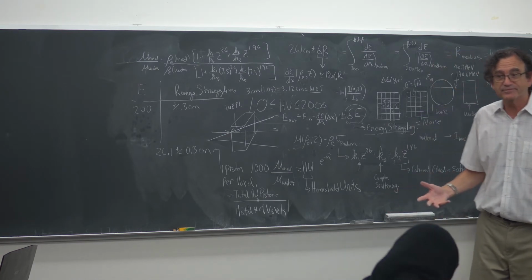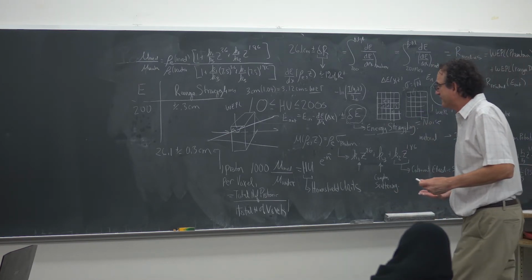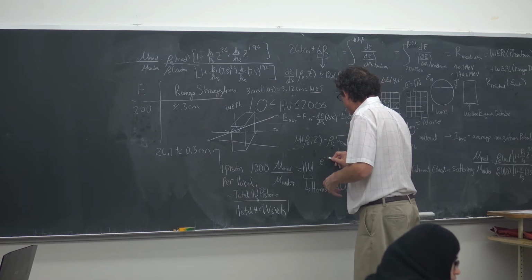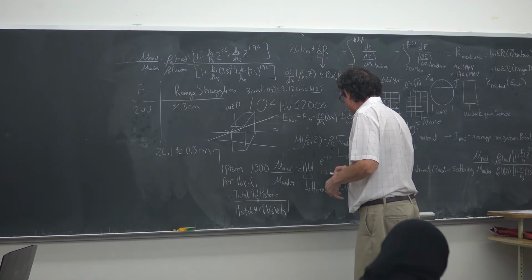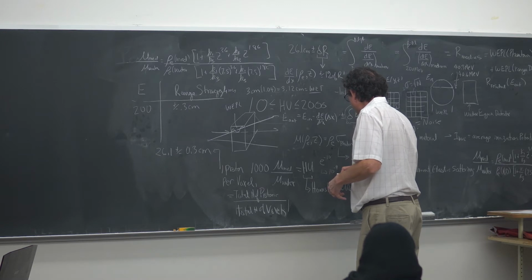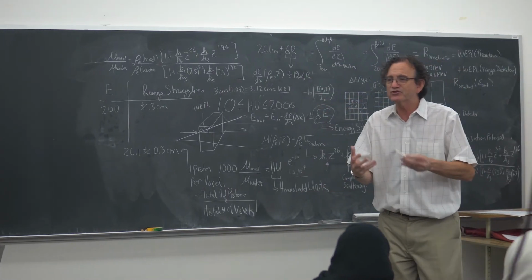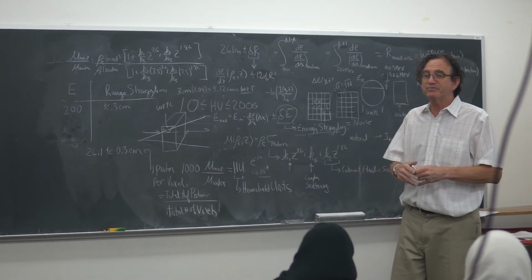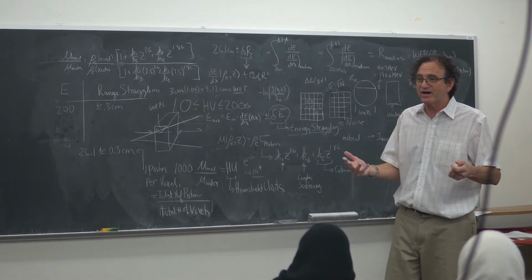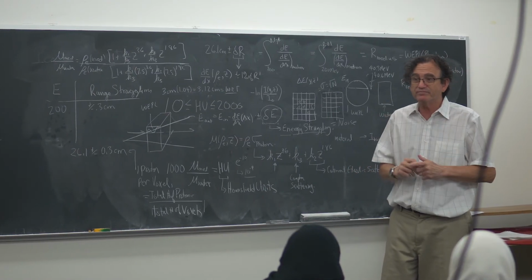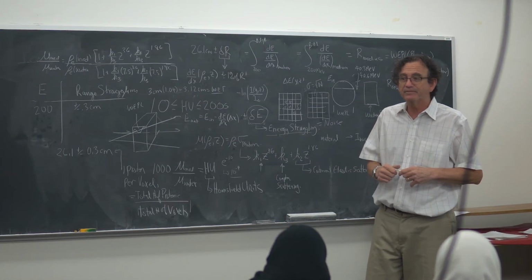Right? So let's go to 10 protons per voxel. Then I get e to the minus 10, and that's about 10 to the minus 4. That's a pretty reasonable statistic, so that I'm pretty sure that, up to 10,000 voxels, I'm going to have at least 1 proton to get a measurement, right?